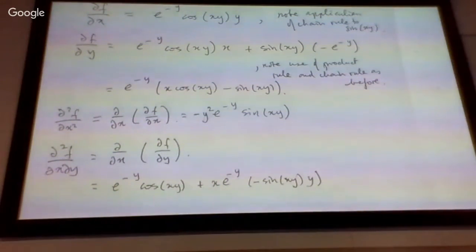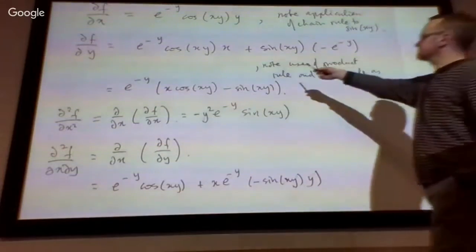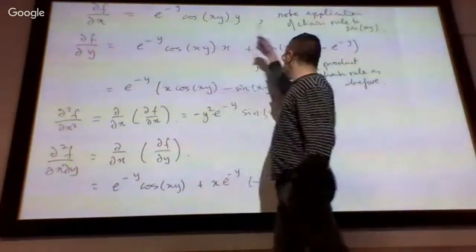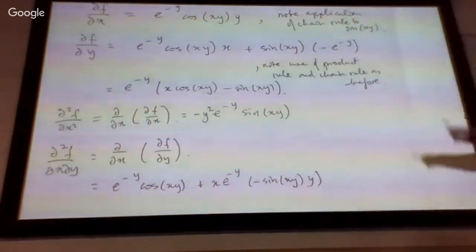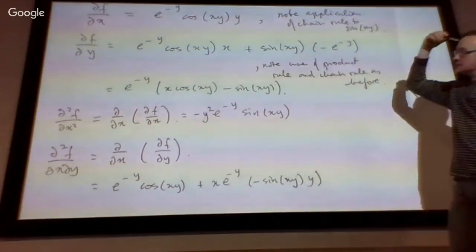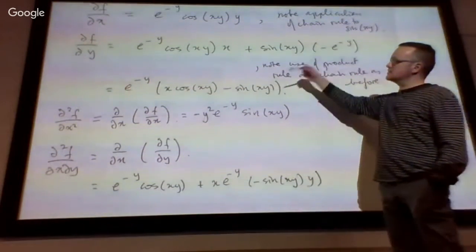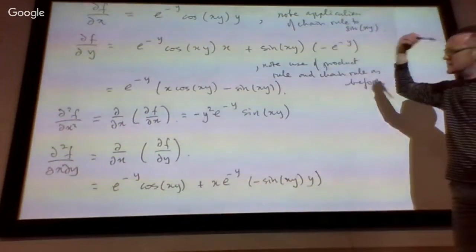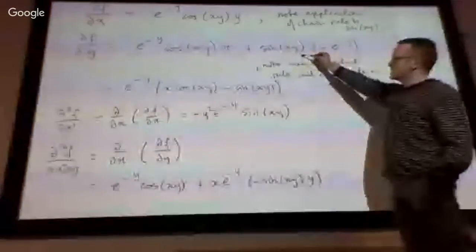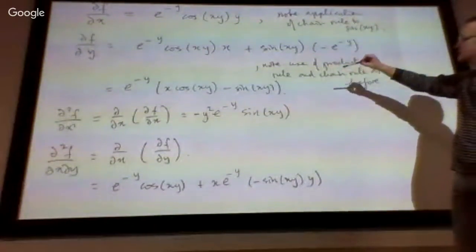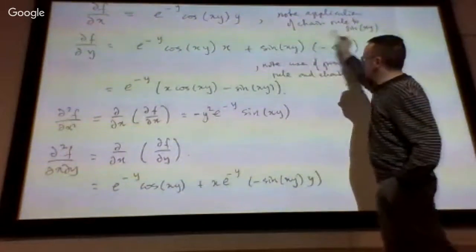So that's applying the product rule to the first term. Now differentiate the next one with respect to x. That's not too bad. Oh, I should have been using that form there, maybe. Sorry, I was working off this intermediate expression here. So now I'm differentiating this with respect to x.